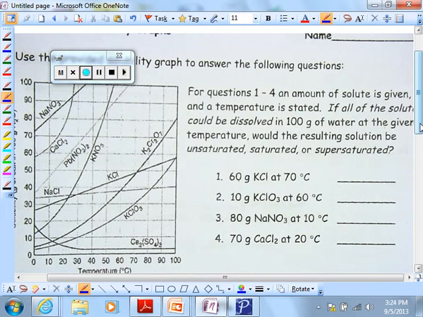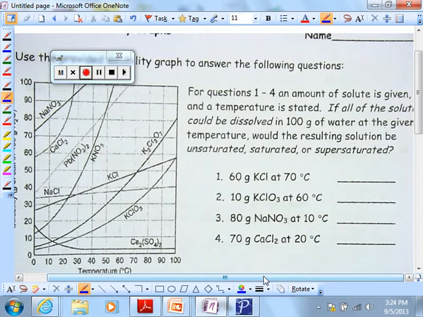Okay? So what the worksheet asks us first is to look at these amounts that are given and tell if those will dissolve in the water. It will be unsaturated, meaning more could be added, saturated, meaning that's exactly how much could be added, or super saturated, meaning it's beyond the point at which it saturates.